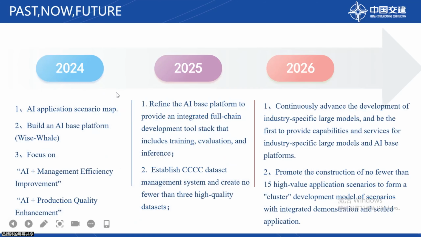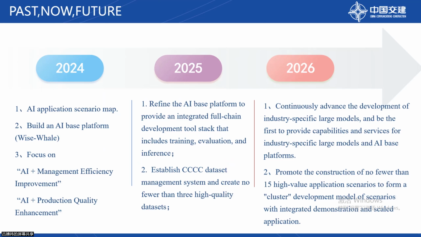In the past 2024, CCCC drew an AI application scenario map and built an AI-based platform focused on AI plus management efficiency improvement and AI plus production quality enhancement, to create more than 10 typical application scenarios.